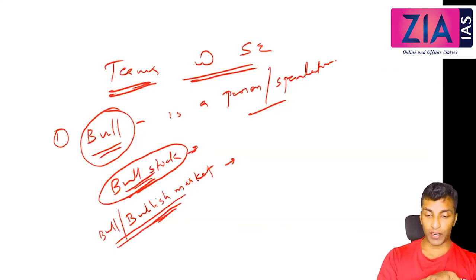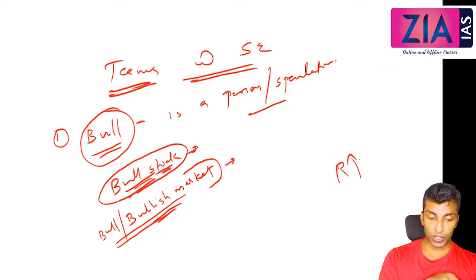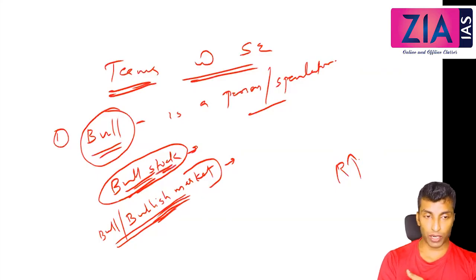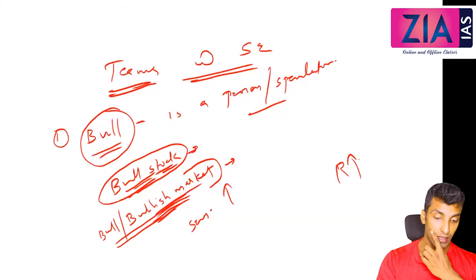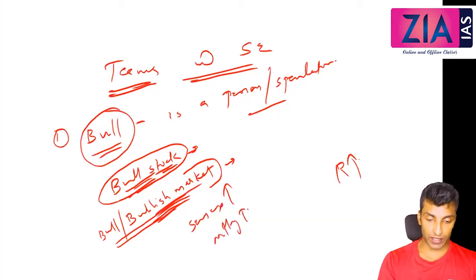For example, the price of Reliance is increasing, but the Nifty and Sensex remain the same. In that context only bull stock, but we cannot say bullish market. Bullish market means the index is increasing, the Sensex or Nifty or whatever indices we have discussed already.